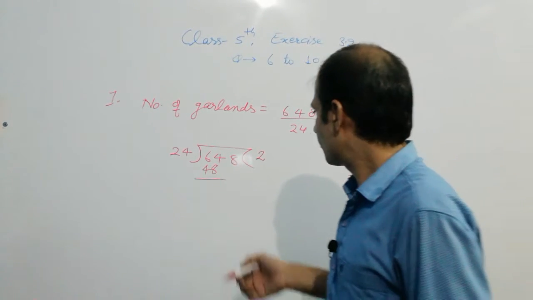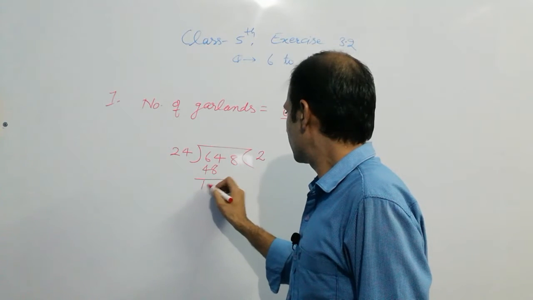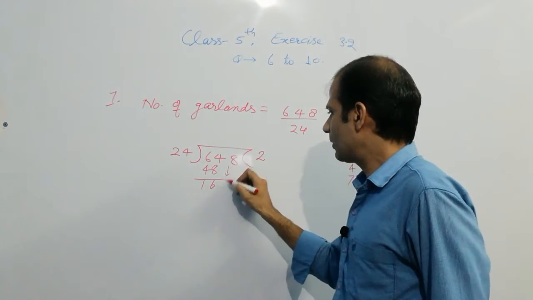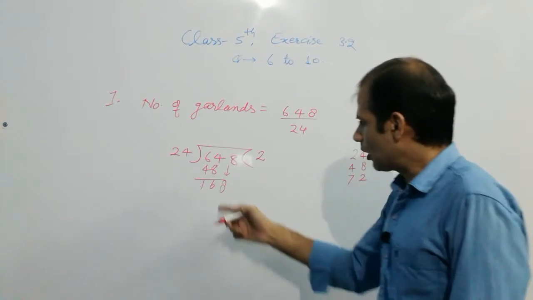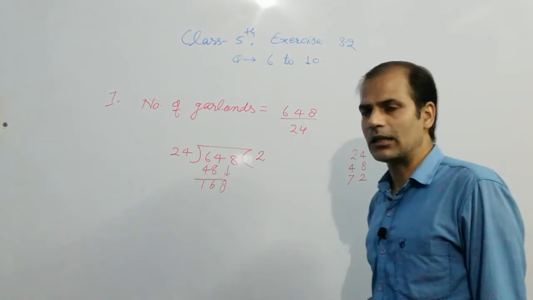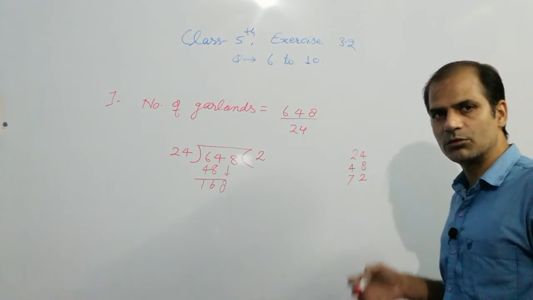After subtraction we have 16, and copy this 8. Now we have to find if 168 comes in the table or not. Now keep writing the table.